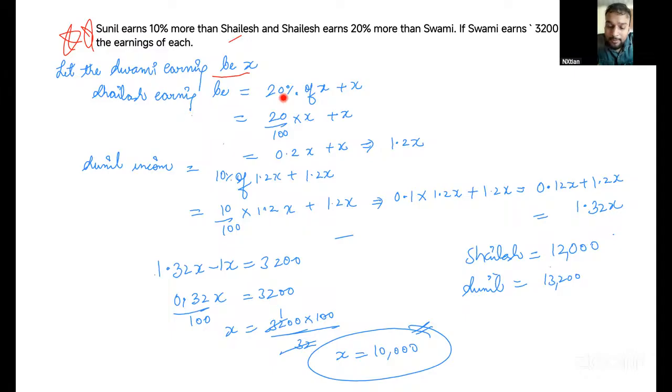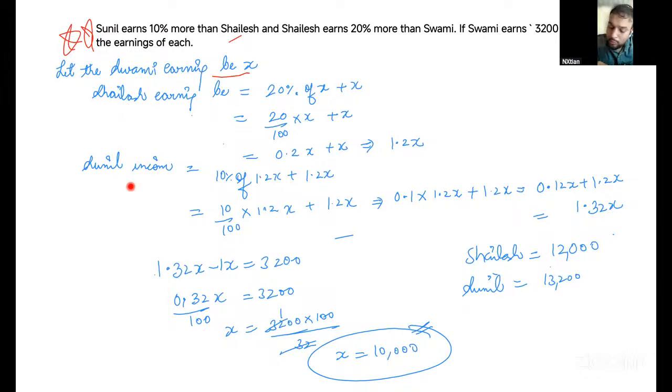Now 20% can be written as 20 upon 100 into x plus x. So if I solve it, it becomes 0.2x plus x, which is 1.2x. It means whatever the income of Swami is, Shailesh's is 1.2 times that. If I multiply 1.2 times Swami's income, I will get Shailesh's. Did you understand?